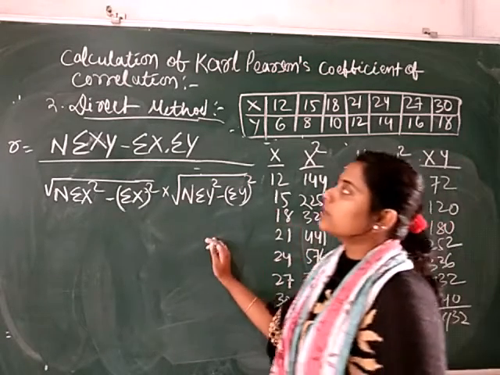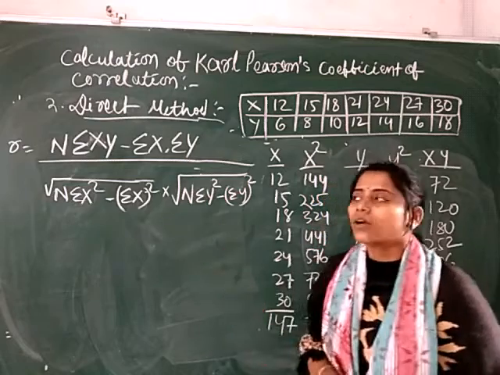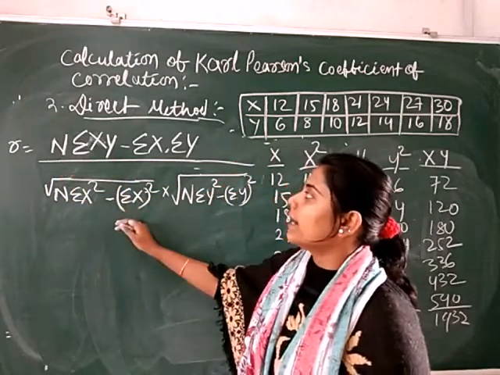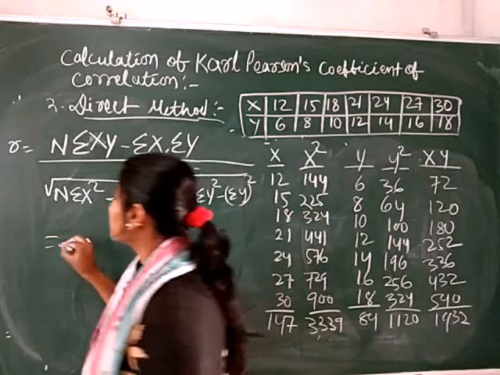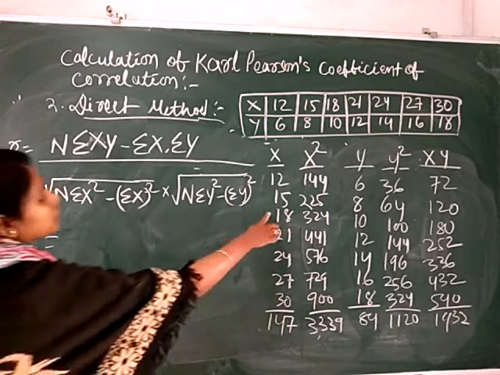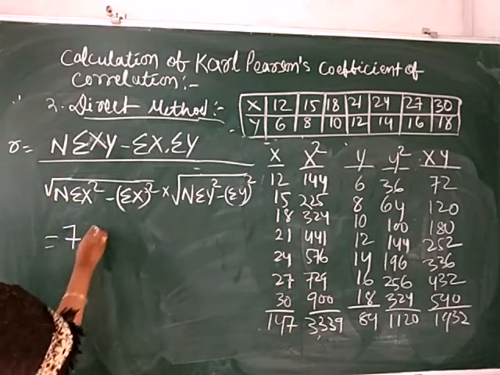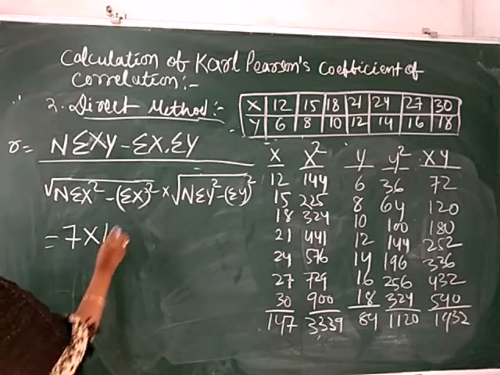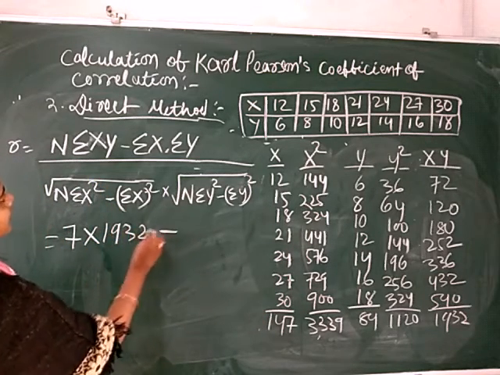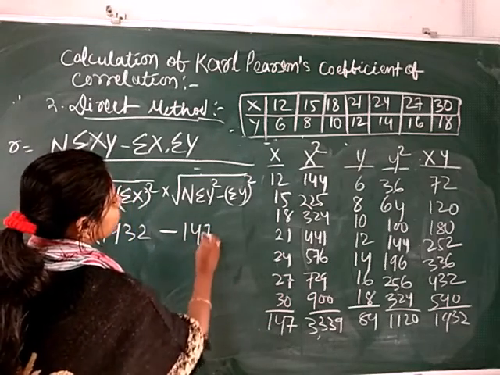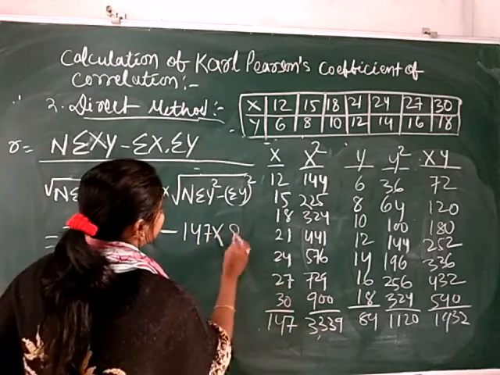Now this is the formula for the direct method, and the coefficient of correlation is denoted by small r. We put the values in this formula. Here n is 7, into summation of xy, this is 1932, minus summation of x, 147, into summation of y, this is 84.